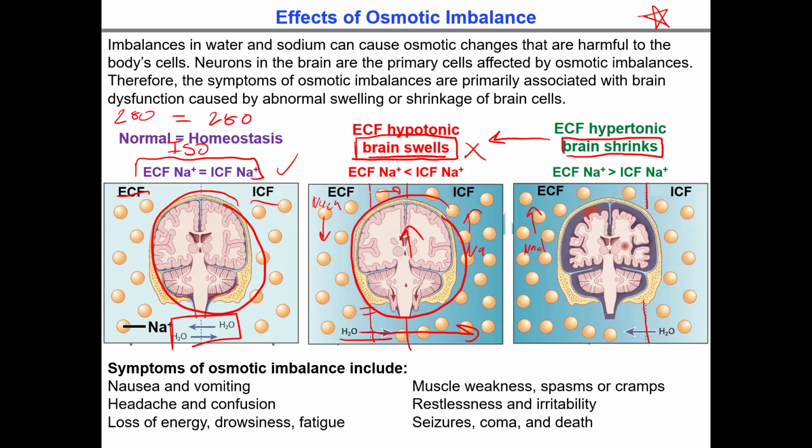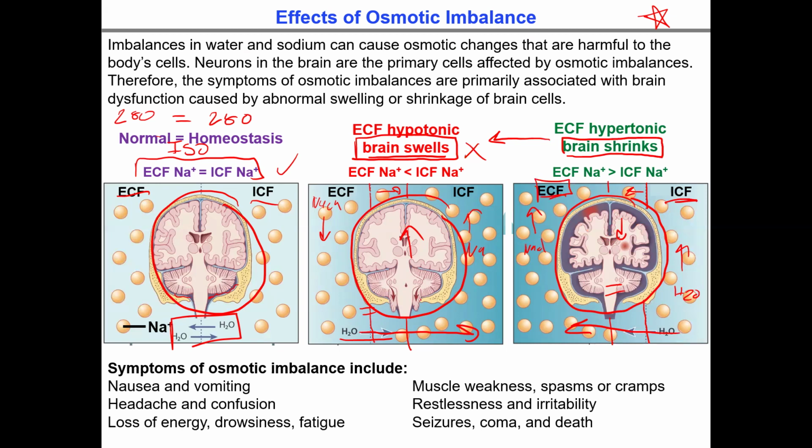So what's happening here is, again, since we have a higher concentration of water here, water is going to want to move outside of the cell in order to bring this back into the middle, because again, it wants to make sure it's equaled out. And because we're losing so much water on the inside of the brain, you can see that the brain now is shrinking. So again, it's decreasing in size because it's losing a lot of water from the intracellular fluid to the extracellular.